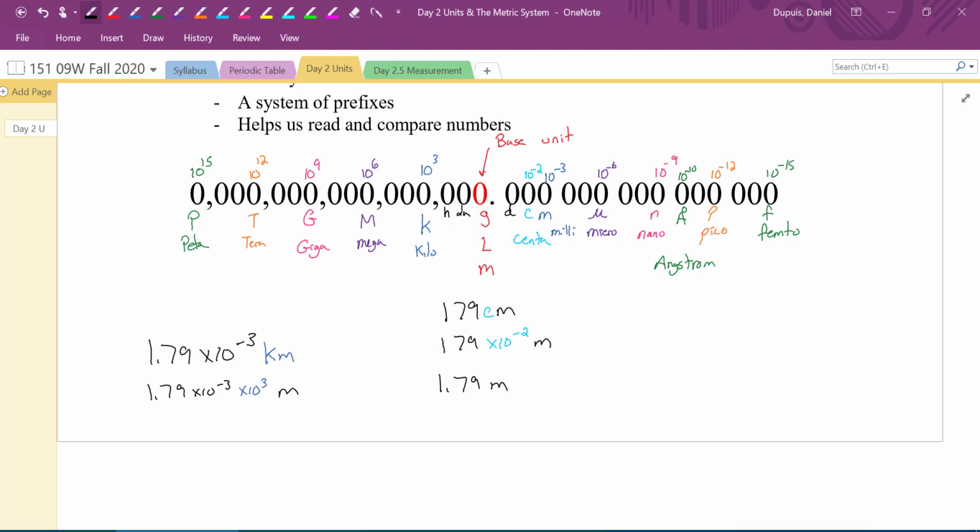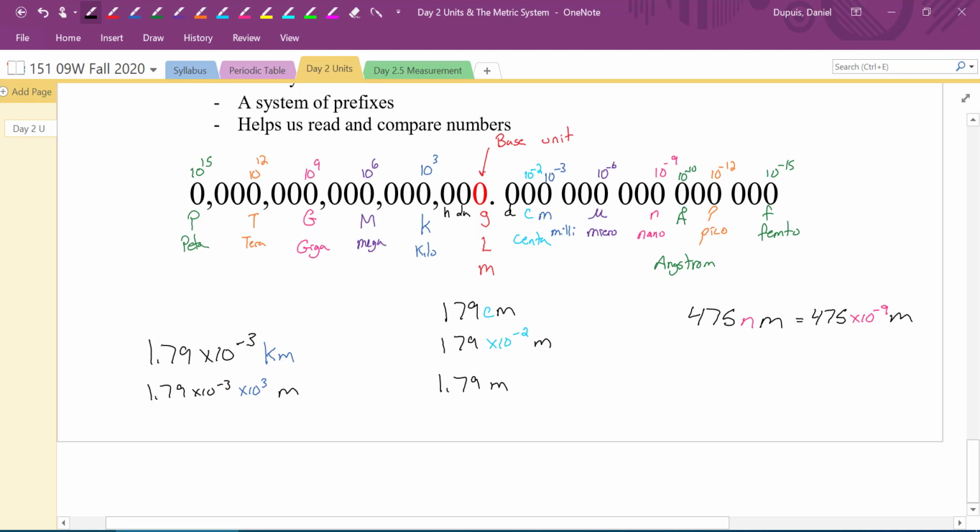But you could. All right, some other measurements you'll see a lot this semester would be like 475 nanometers. All right, so if I have 475 nanometers, that's the same thing as 475 times 10 to the minus 9 meters. That's the same thing.